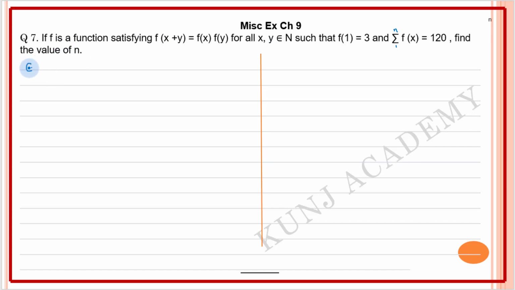Given f(1) = 3 and f(x + y) = f(x) · f(y).